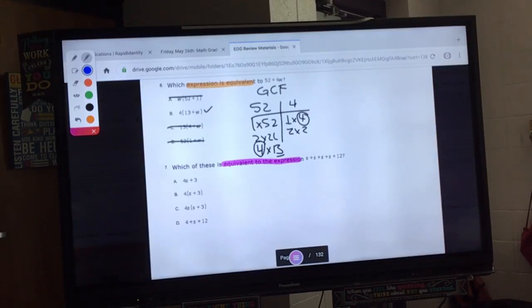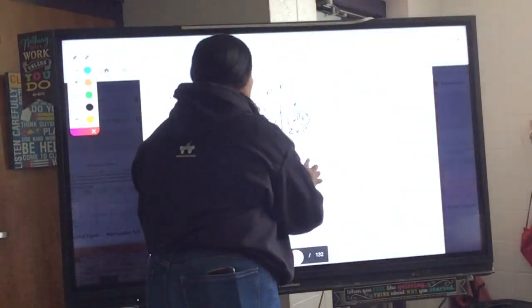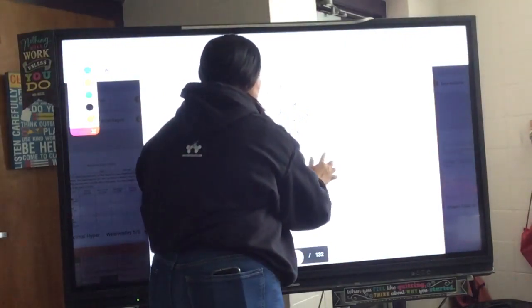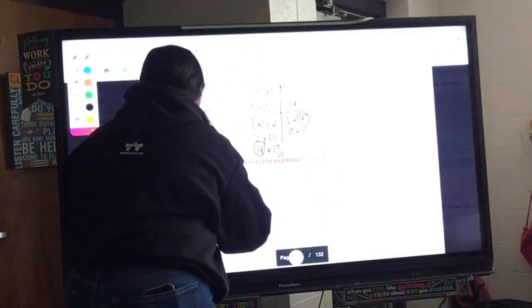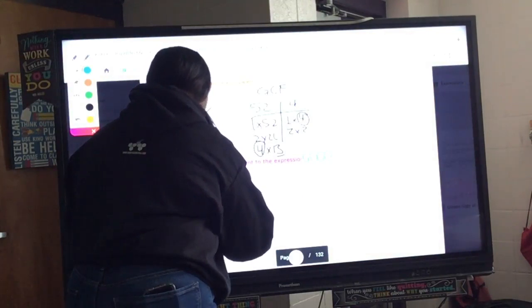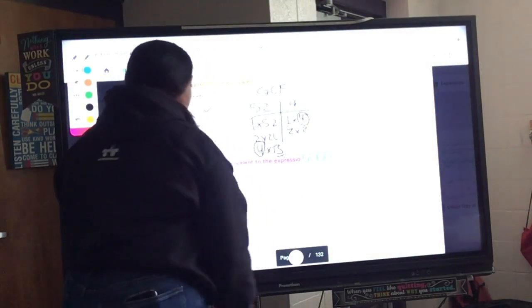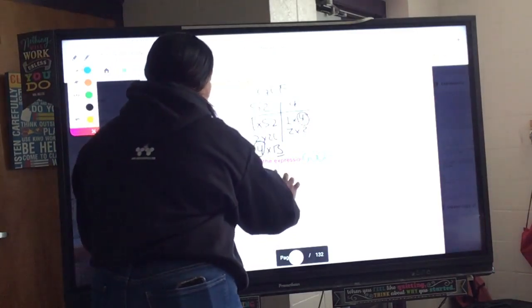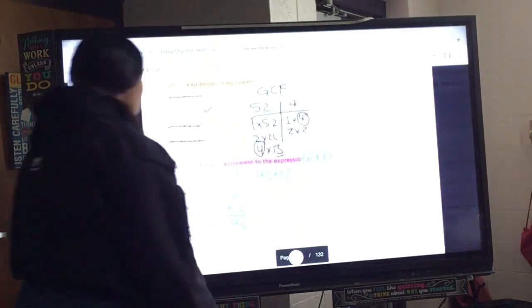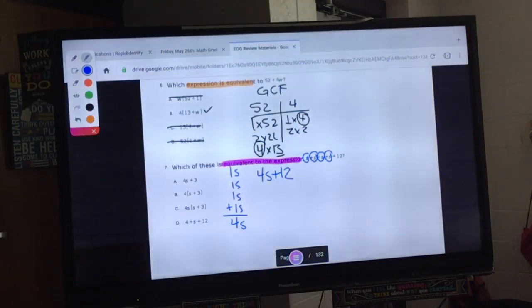What do you think, Mikhail? Yes, we have to combine the like terms. So we're combining these 4 s's, which ultimately is 1s plus 1s plus 1s plus 1s. So that gives us 4s. So then we have 4s plus 12. Do you see that as an answer choice?